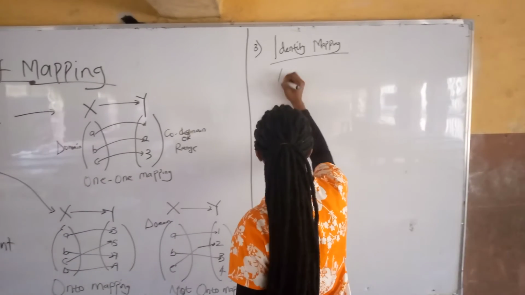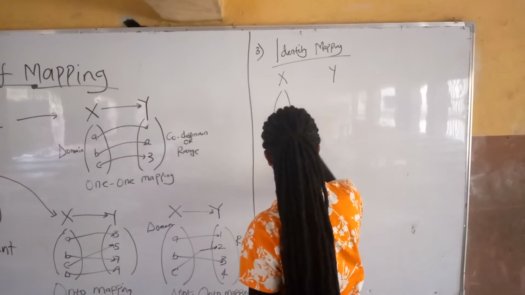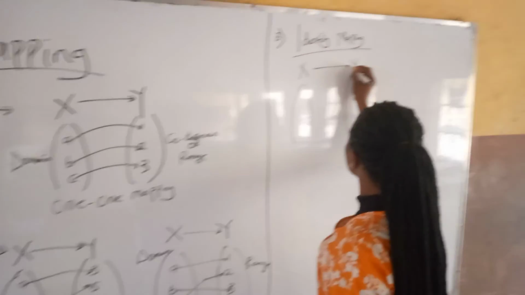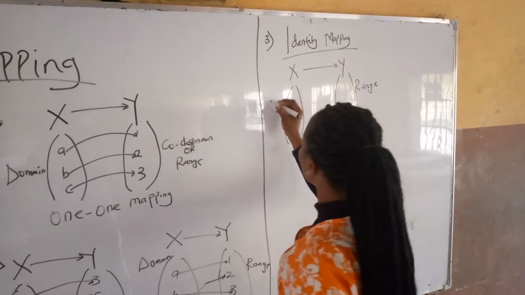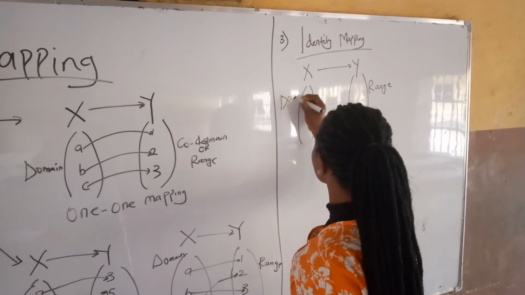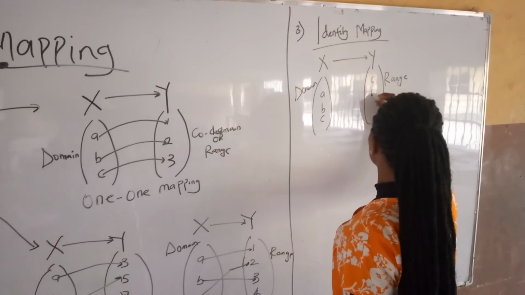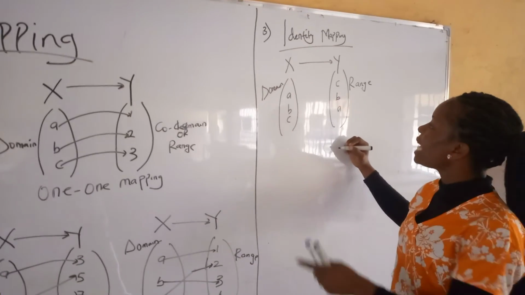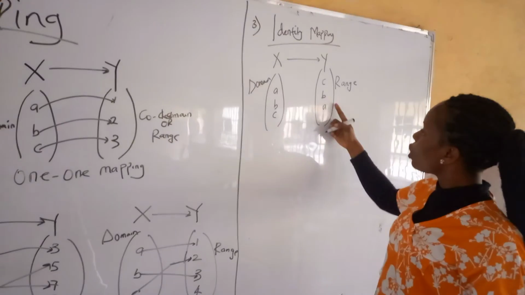For example, we have this, and this is mapped to this. Remember, this is your range, and this is your domain. A, B, C and A, B, C. An identity mapping says that every element in the domain is mapped to the same element in the codomain.